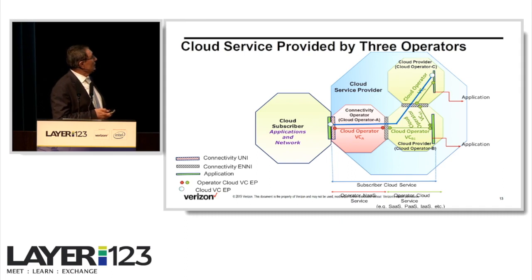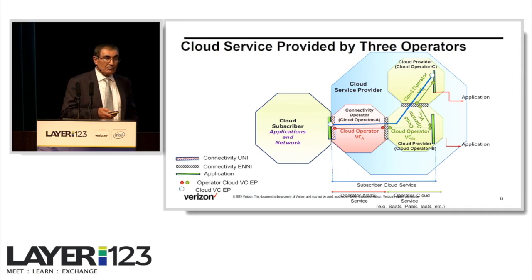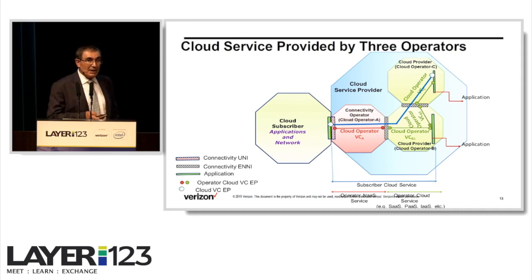The connectivity operator provides the connectivity from the subscriber to those VNFs formed in the service function chaining, and then you have end-to-end cloud virtual connections so that the subscriber will be able to utilize both VNFs. Of course, the subscriber really doesn't know what's going on inside the operator networks, but this shows you internally what is supposed to happen.